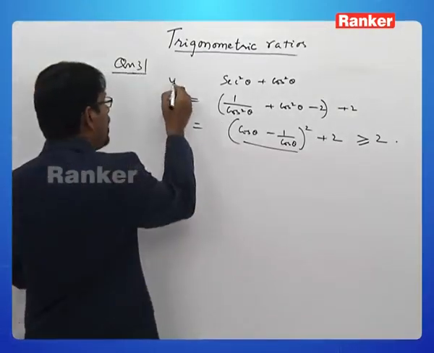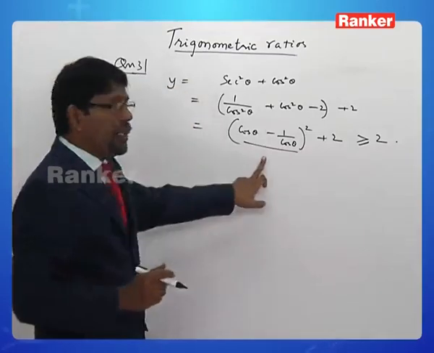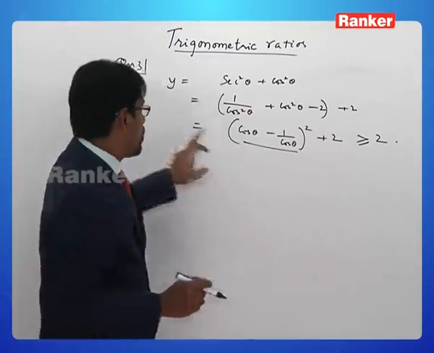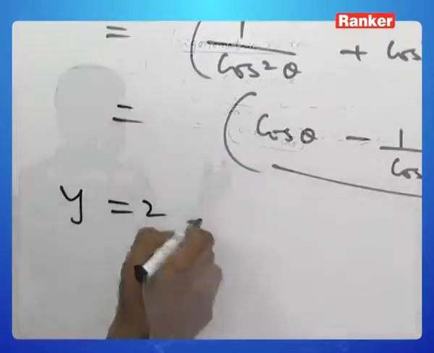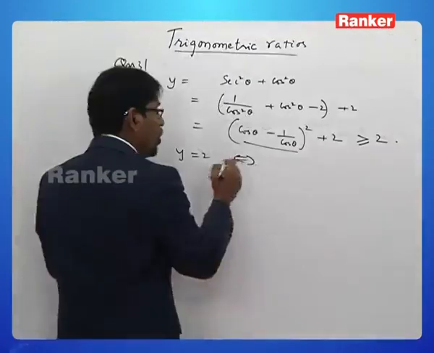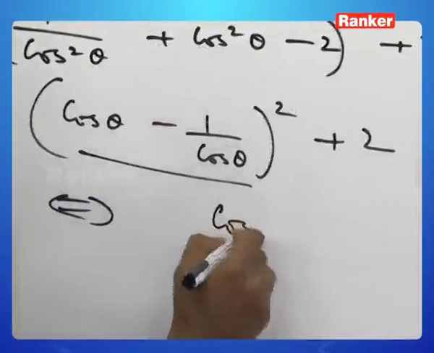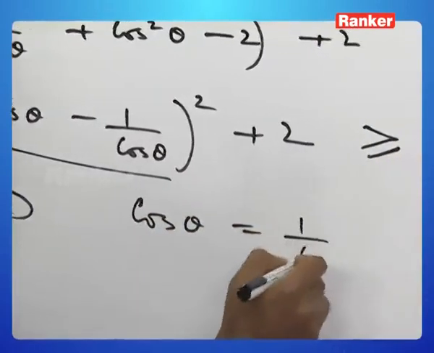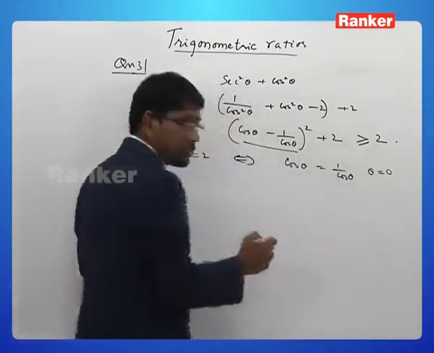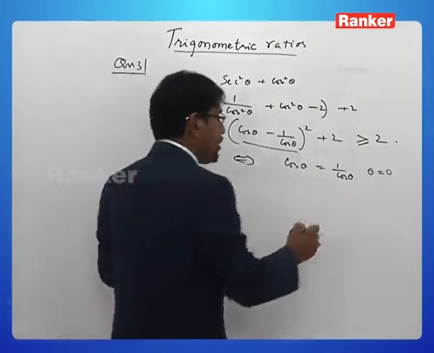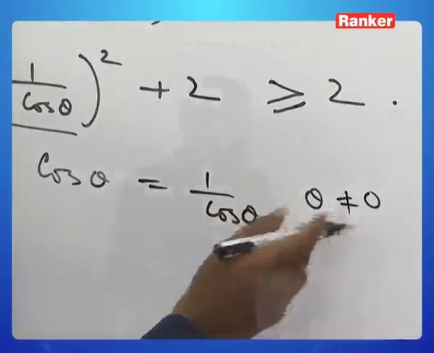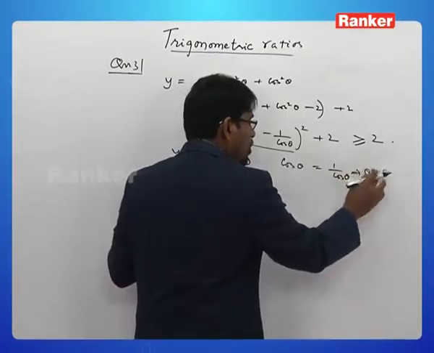Now this is our y. When can equality hold good? When this becomes 0. So y can be equal to 2 if and only if cos theta is equal to 1 by cos theta. That means theta has to be 0.